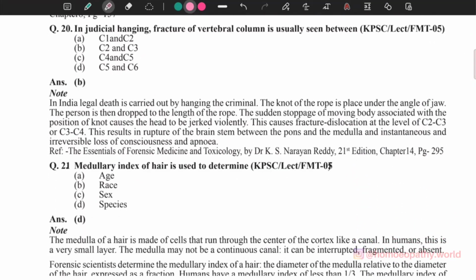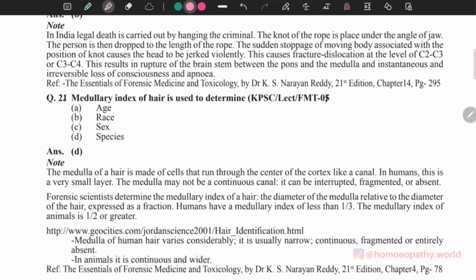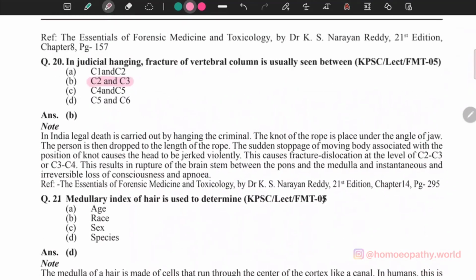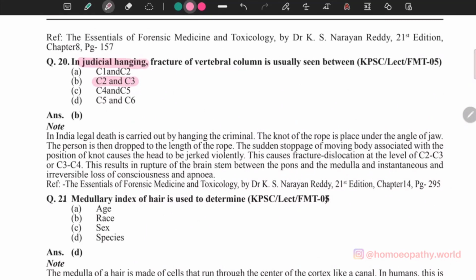Let's move on. The next question is, in judicial hanging, fracture of vertebral column is usually seen between A. C1 and C2, B. C2 and C3, C. C4 and C5, and D. C5 and C6. The answer is C2 and C3. Here they are talking about the judicial hanging, okay, not other hangings.